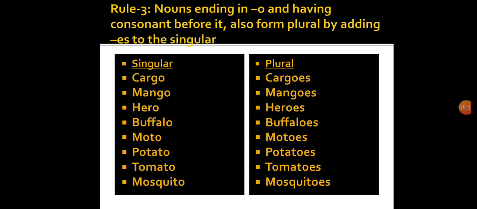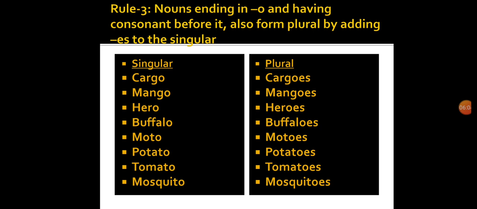Now I come to rule 3 of forming plural numbers. Nouns ending in o and having a consonant before it also form plural by adding es to the singular. See some examples: cargo, mango, hero, buffalo, motto, potato, tomato, mosquito.